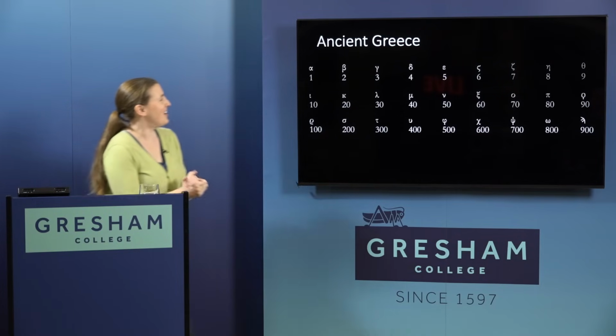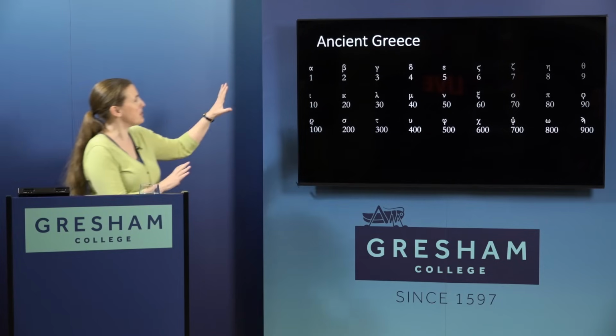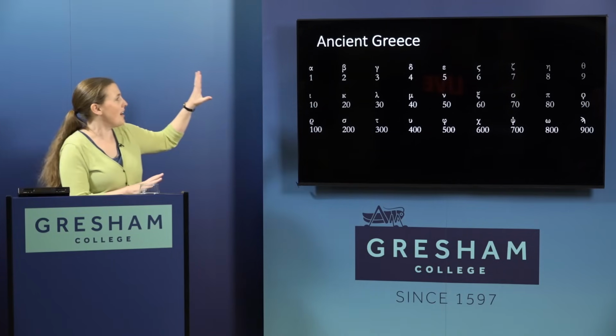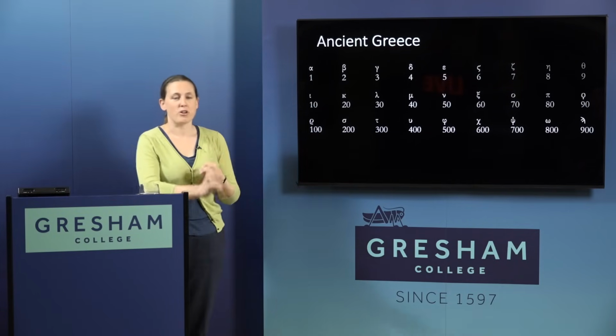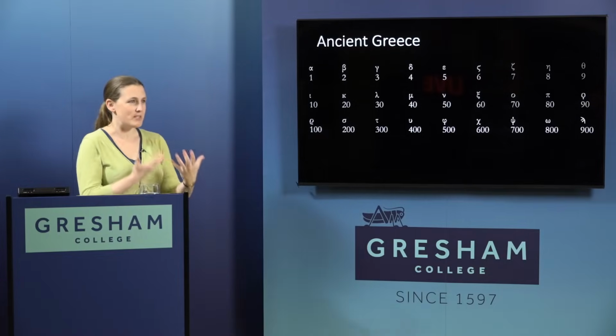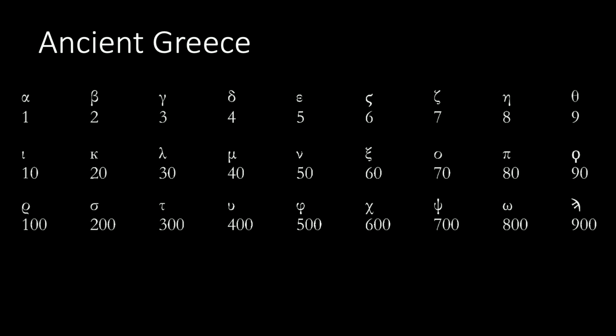Ancient Greece. Now, this wasn't quite the first system they developed, but this alphabetic system was quite an ingenious way of writing, at least for small numbers. It was efficient because there was a letter for each number from 1 up to 9. They were just the first 9 digits of the Greek alphabet, or actually an early version of it, because there's this digamma between epsilon, between eta and zeta. So alpha is 1, beta is 2, gamma is 3, and so on.